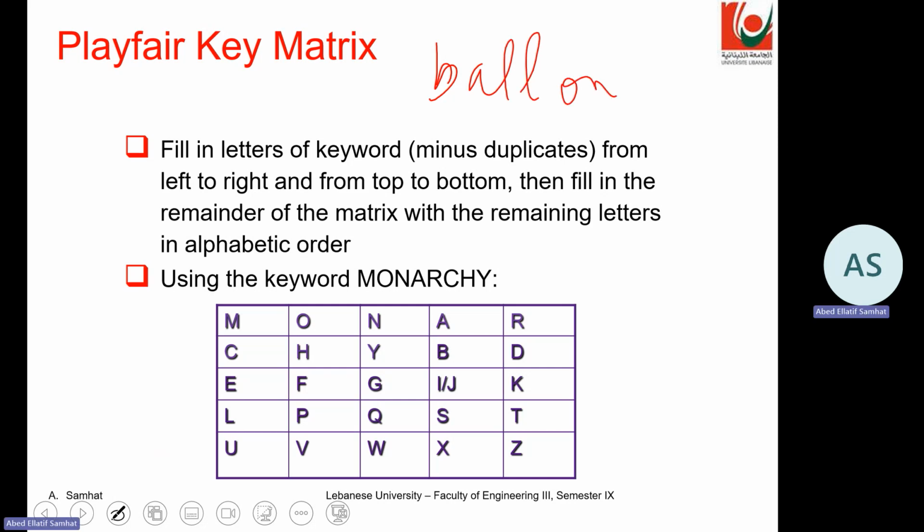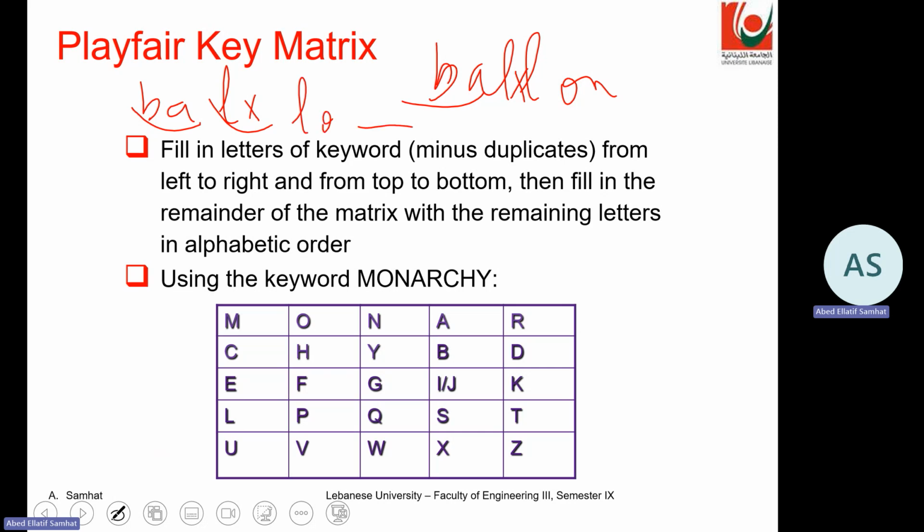Here, if we want to encrypt this, we have to take, as we said, a couple of two, but here we have two L's, and when we have the same pair, in this case, we should separate them by X. So in this case, we have BA as a couple, LX as a couple, LO, and so on.